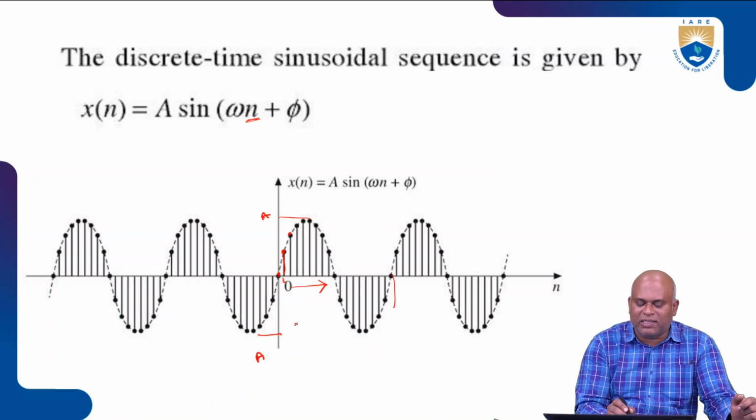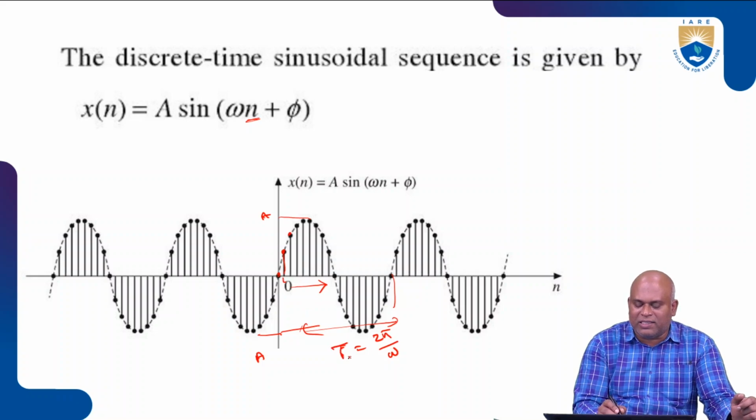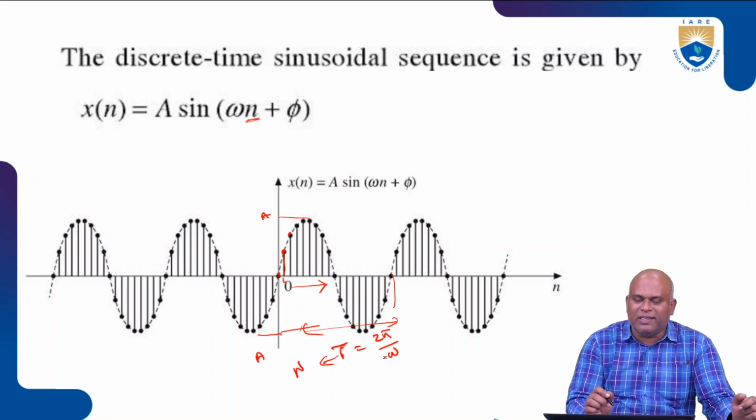The total duration we call T is equal to 2 pi by omega. This is the total instant, which represents how many samples are present for each individual continuous sinusoidal signal case.